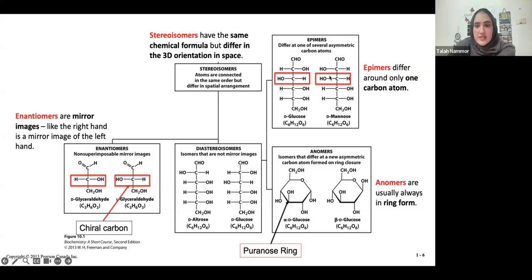What is the difference? The difference is at the second one: the OH is on the left, while in here it's on the right. So with epimers, usually the difference is only at one of the carbon atoms. Is this clear?